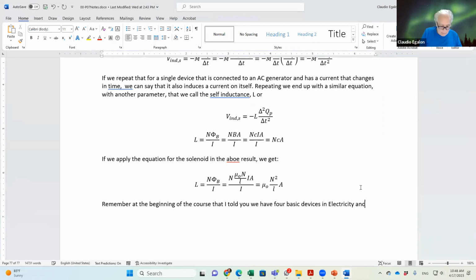What's that? One, the capacitor. Two, the resistor. Three, the inductor. And the final one is the transistor.